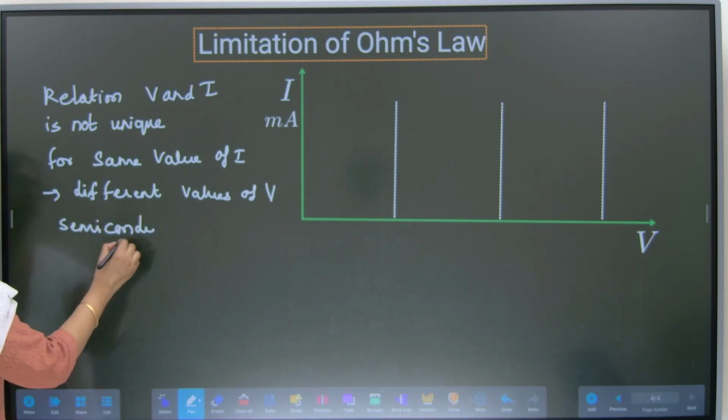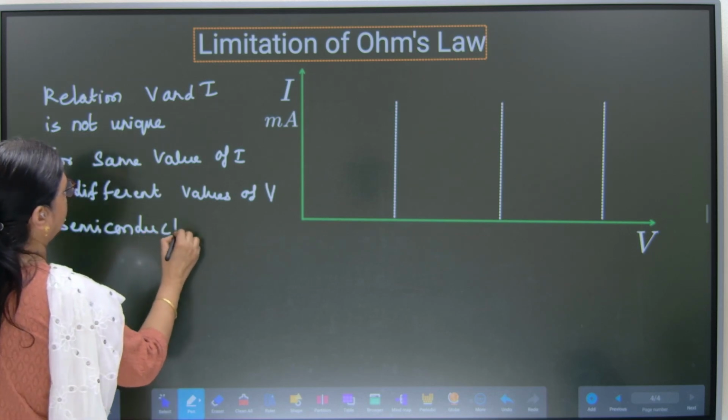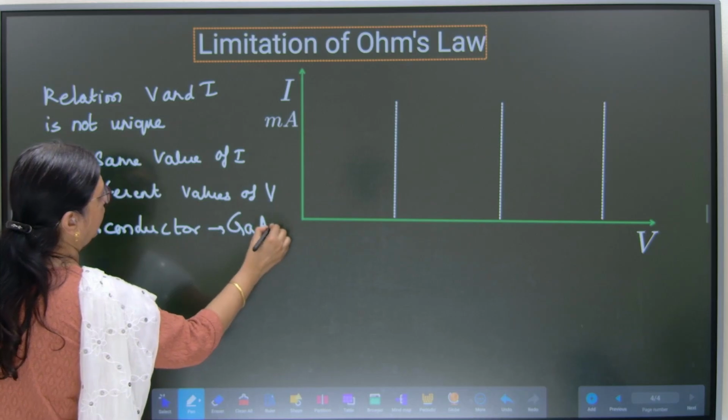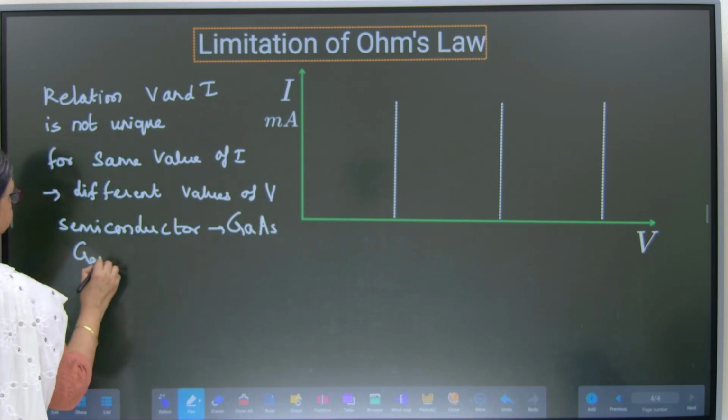Example, gallium arsenide, denoted by GaAs.